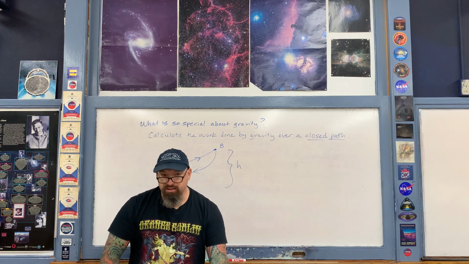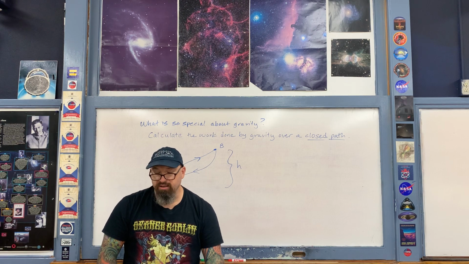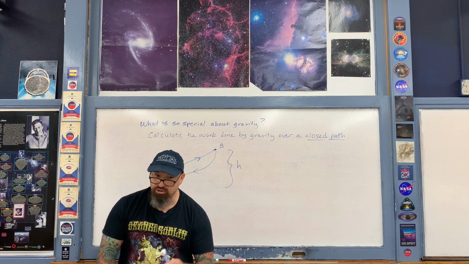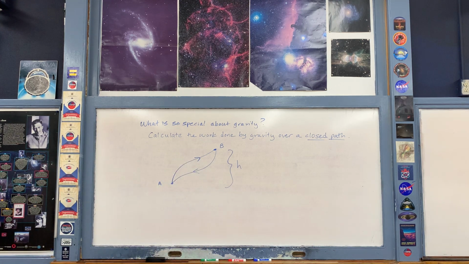Now, just to give us some context here, I'll tilt the camera in just a moment. We're going to envision the closed path as the path that is traced out by a pendulum. So let me reposition my camera here. Bear with me a moment as I do.